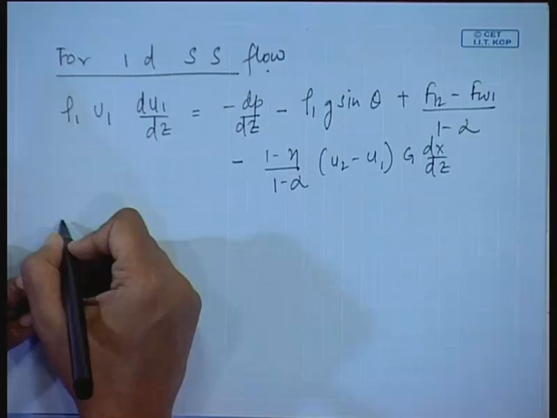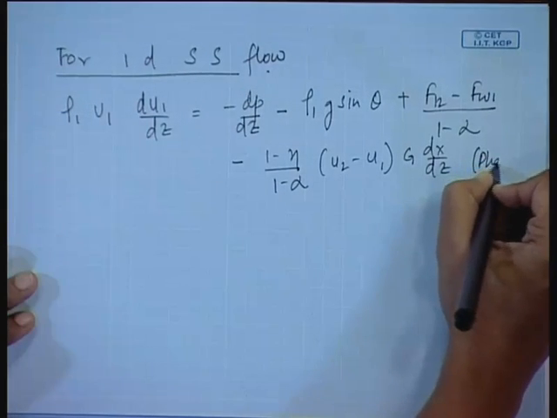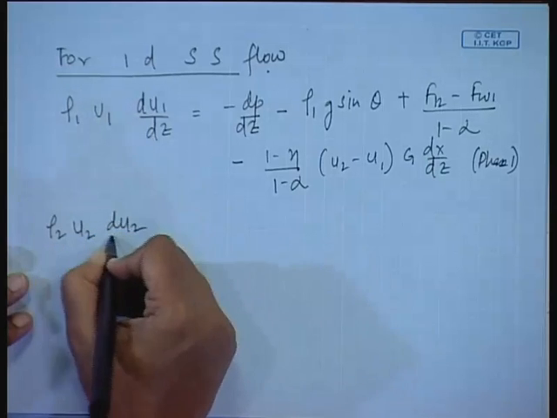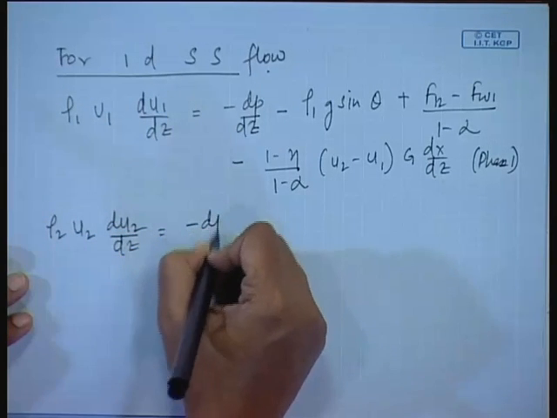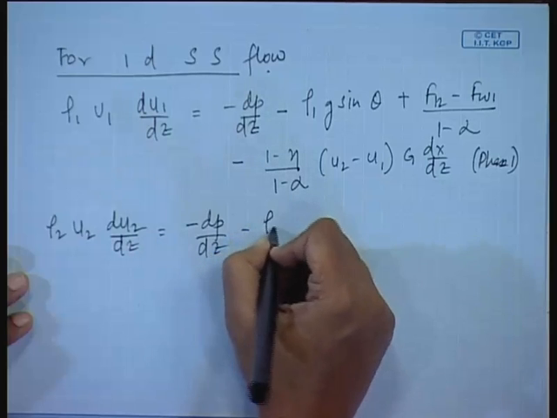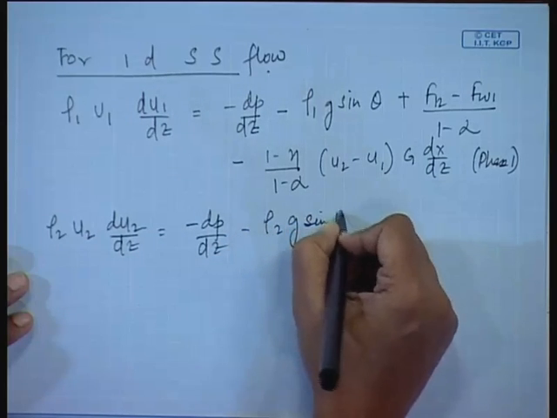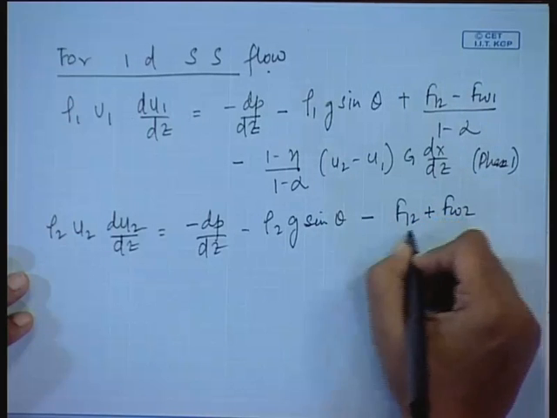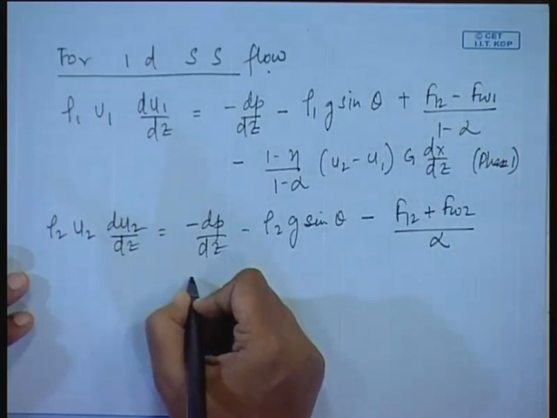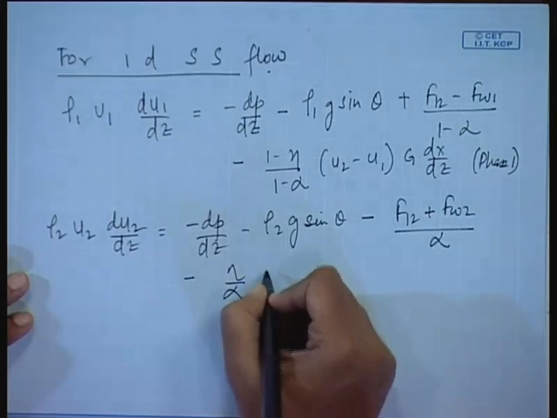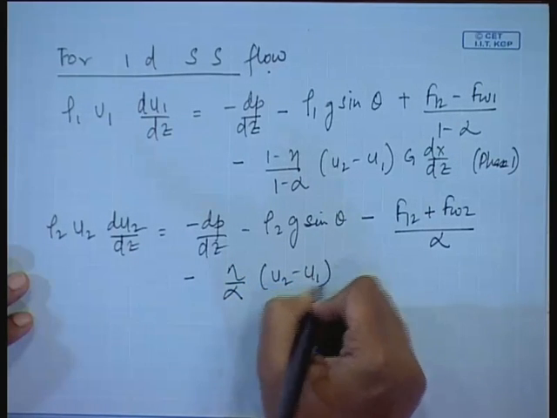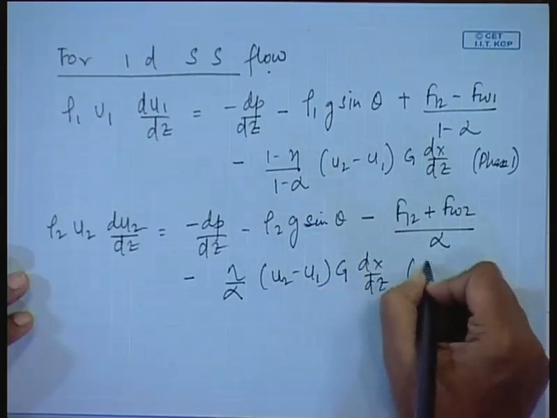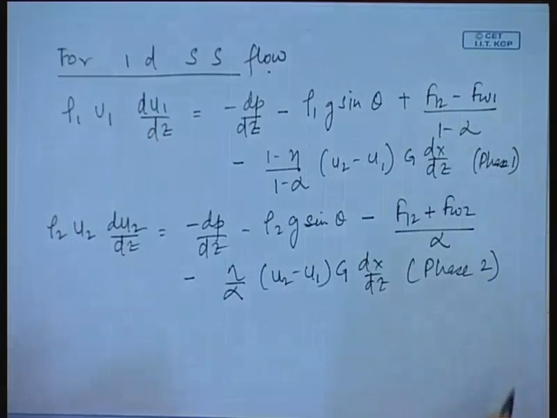This was for phase 1. Similarly, for phase 2 again we have rho 2 u2 du2 dz. This is again the same thing, we can write it down, just the subscript 1 will be substituted by subscript 2 and we have to take into account the directions in which the forces are acting in each of the phases, with u2 minus u1 times g dx dz. This is for phase 2.